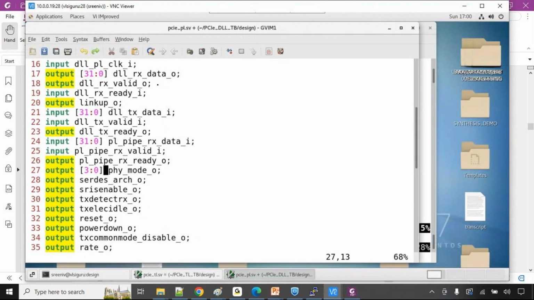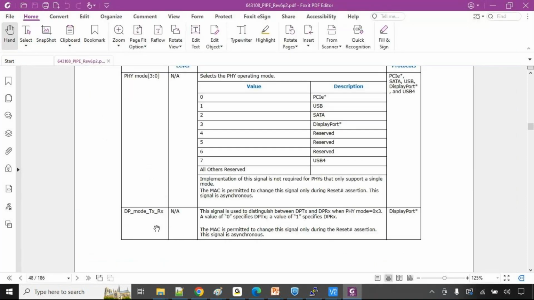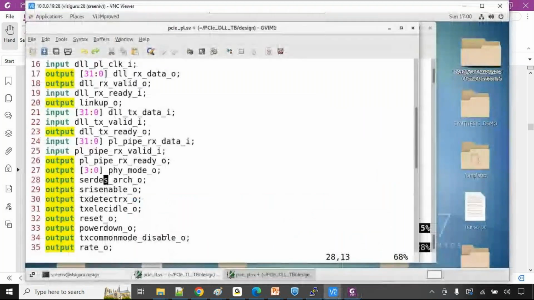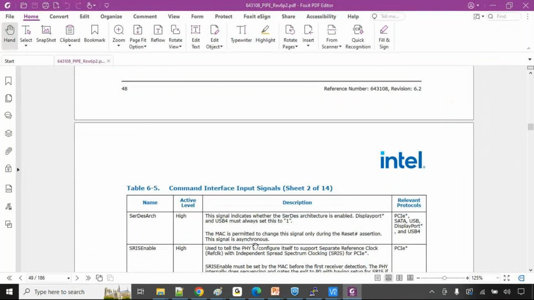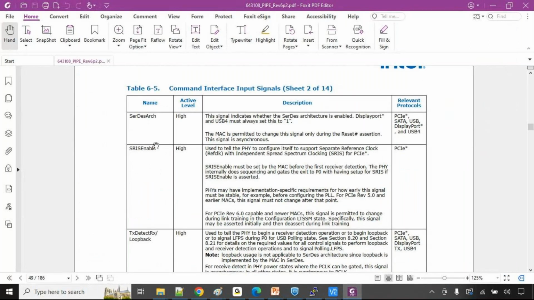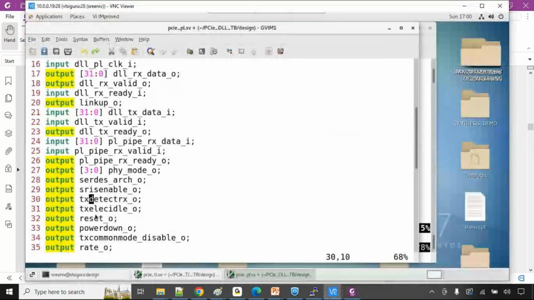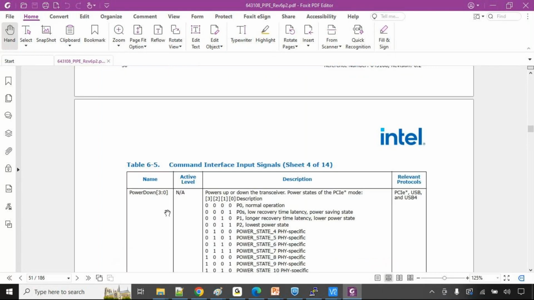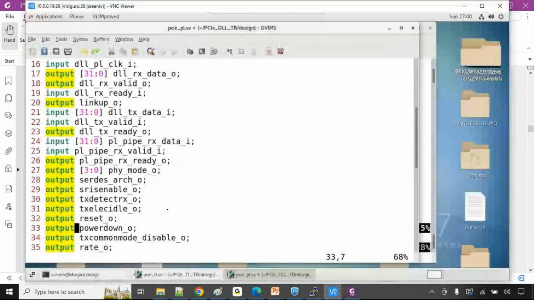SerDes architecture is 1 bit only. SRIS enable, it is 1 bit only, that we know because they haven't declared any dimensions. Transmit detect, this also 1 bit only. Power down is maybe more bits. We can go down, you can check. What is power down? It's 3 down to 0. So declare here 3 down to 0.